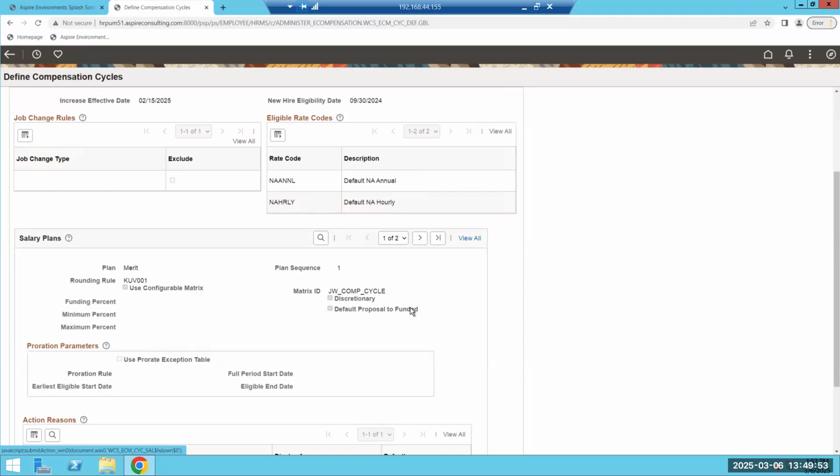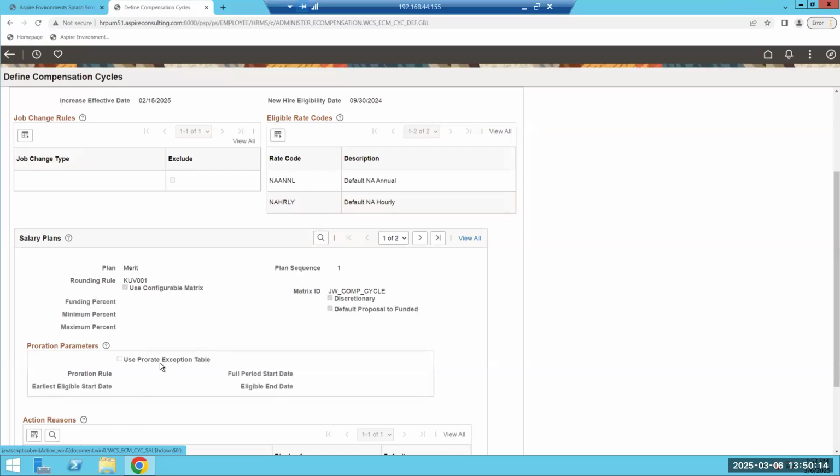And we are defaulting our proposal to funded. So in this case, we're looking at the person's rating and their percent and range and coming up with the amount. And so we're defaulting the proposal to what the matrix is coming up with the funding.